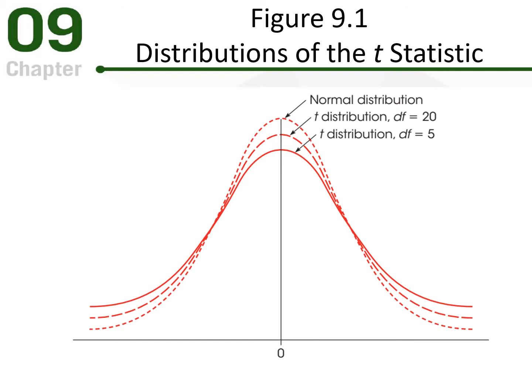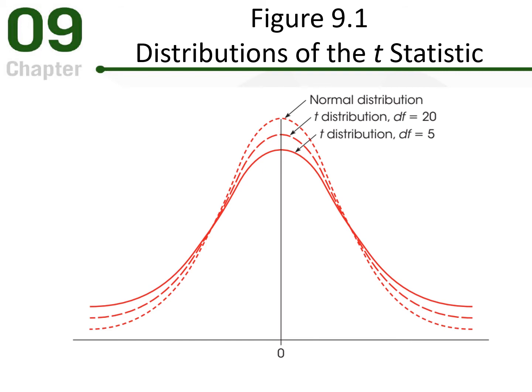Once you get to 100 sample size, it's almost identical. It's off by a couple of decimal points. So as your sample size increases, your degrees of freedom increase, t is going to approximate z. It's going to become normal. And technically at infinity, t will be equal to z.